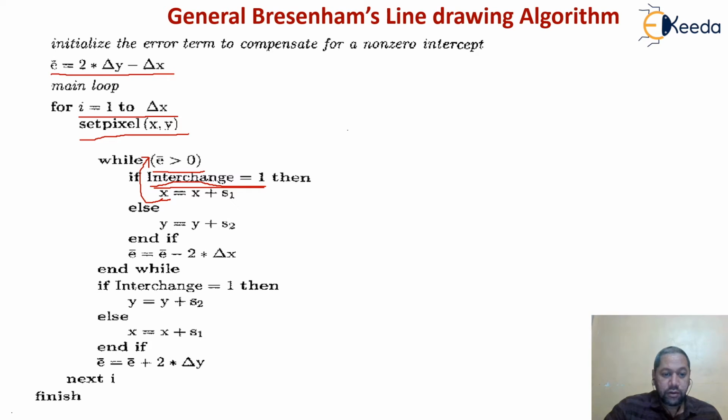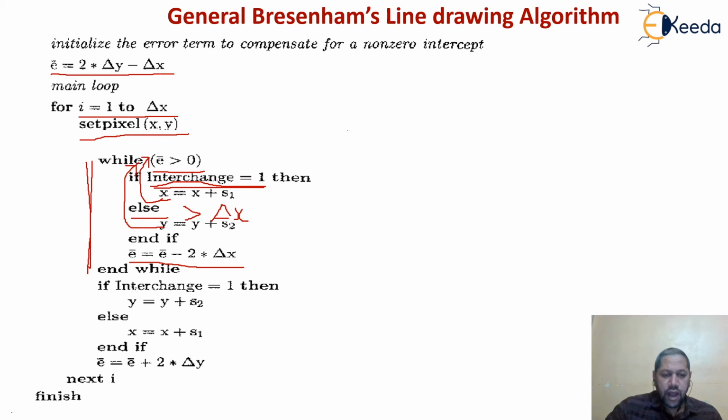Else, interchange is equal to 0, which means delta x is greater, so x is always incremented and y depends upon the error term. That's why in the else part y is equal to y plus s2, and then I calculate the error term again. This while loop is used to check the sign of my error term.